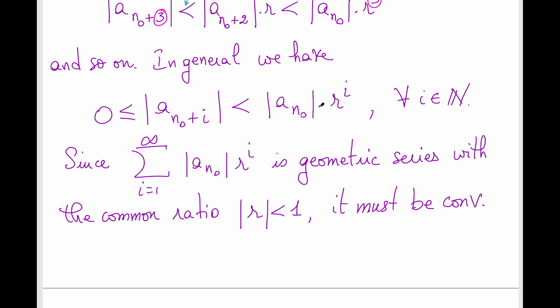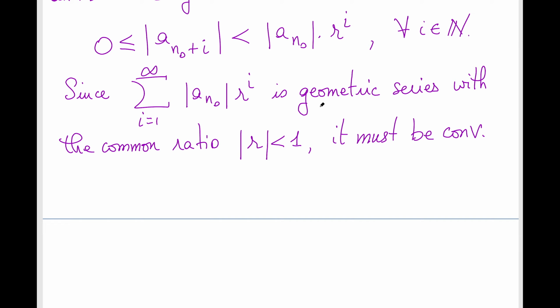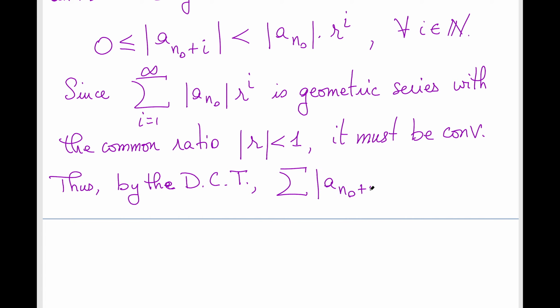So what can we say then? As such, by the direct comparison test, DCT, the series of a n naught plus i, from 1 to infinity, is convergent. Why is it convergent again?